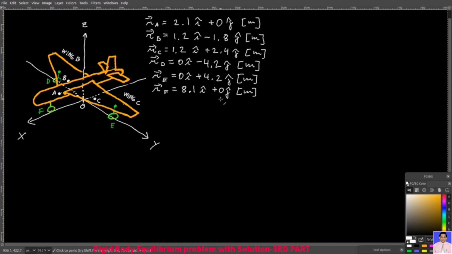Note that even though it's a 3D picture, we don't have the K component in our position vectors. That's because we don't need it in this exercise. And so, the weight of the fuselage is 225 kilonewtons. Then the weight of wing B, it's 40 kilonewtons.